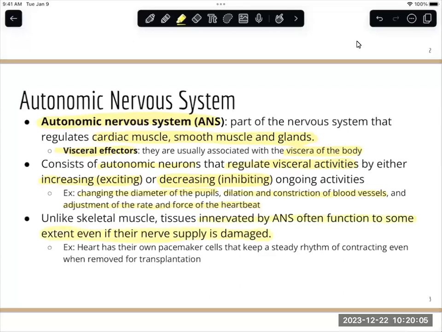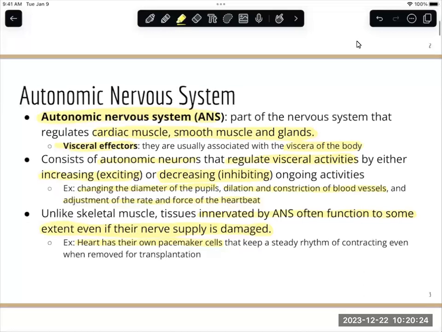You'll go into more detail in anatomy too, but that heart has its own pacemaker cells. So that heart is going to maintain its own rhythm. This is why hearts, when they're removed for a transplant, are still going to contract.